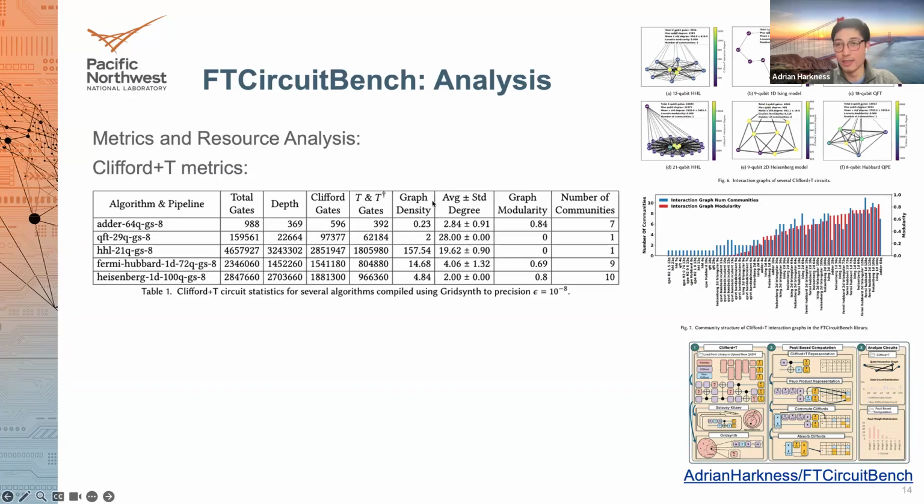We have graph density, which is a normalized metric for how much entanglement there is in your circuit, normalized by the size of the circuit overall, the number of qubits. And then here below, you can see for all of our circuits compiled with the GridSynth pipeline, the metrics that we've computed on them.